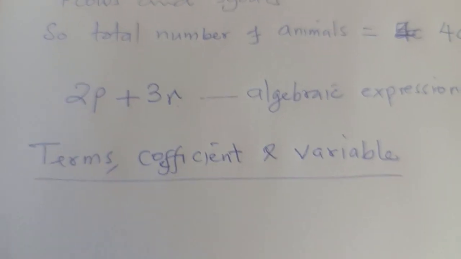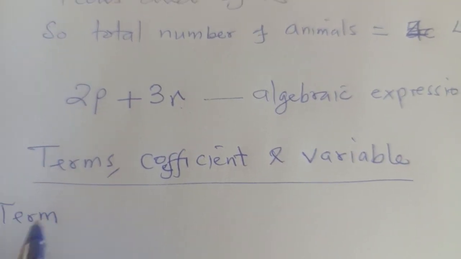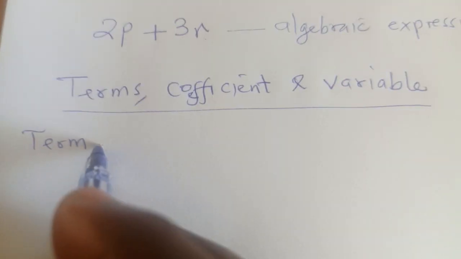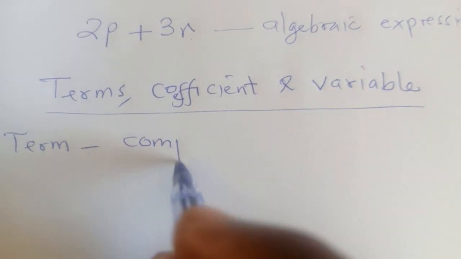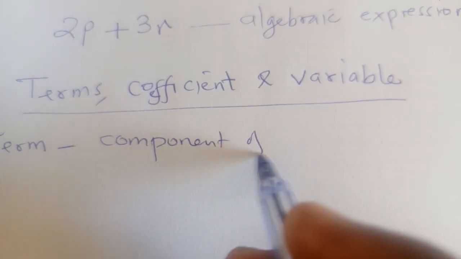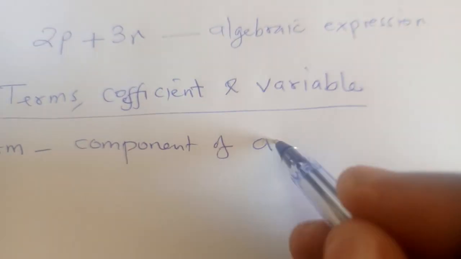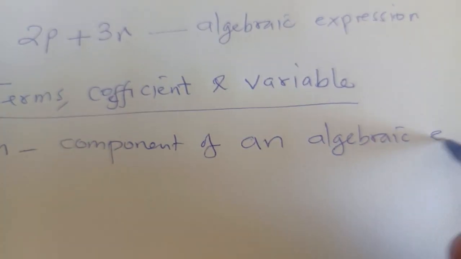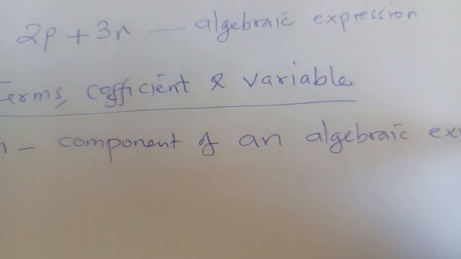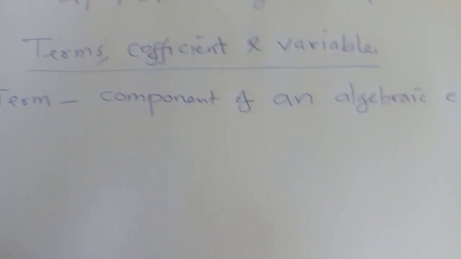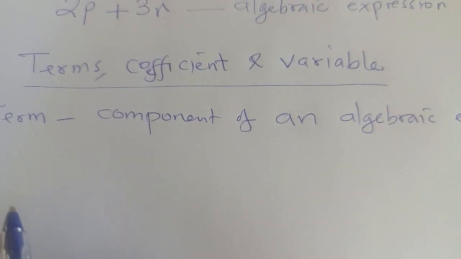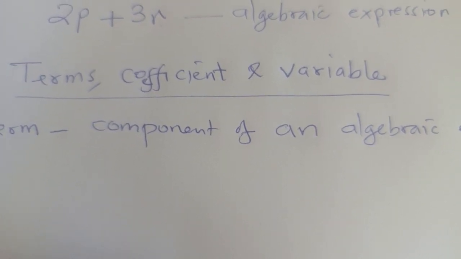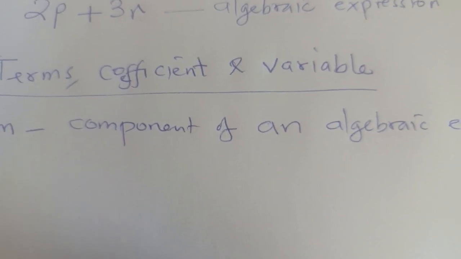Now, to begin with, let's look at terms or a term. So a term is a component of an algebraic expression. And the terms in an algebraic expression are connected by either a plus or a minus, an addition sign or a subtraction sign.